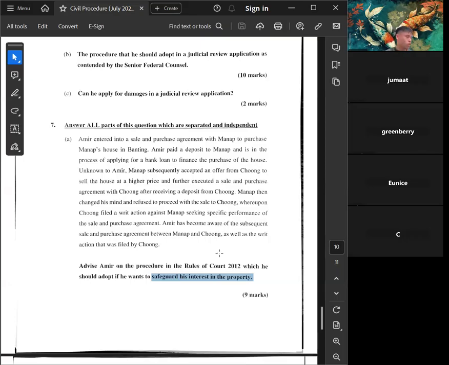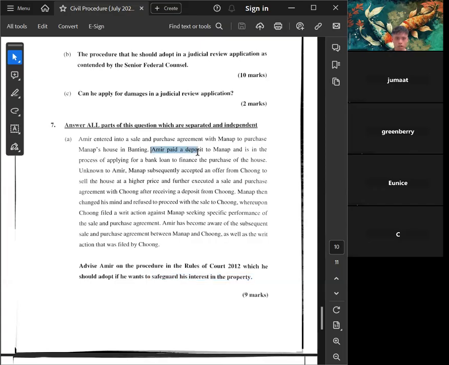Okay? So intervener proceeding is provided in Order 15 Rule 6 of your Rules of Court. To determine whether Amil can go for intervener proceeding, in the case of Pegang Mining, he must have legal interest, not commercial interest. So we look at this.